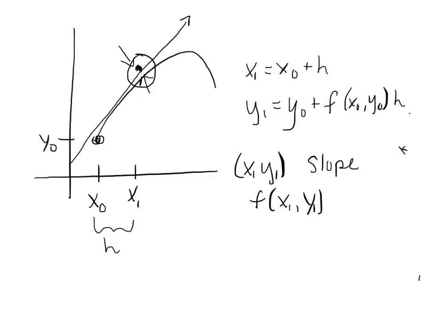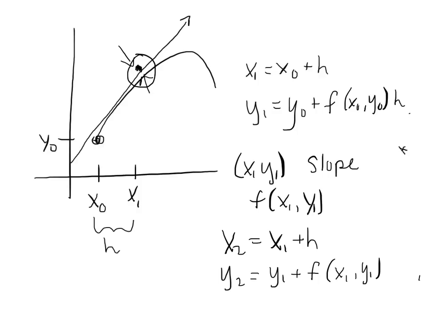We can now set x2 equal to my previous point, which we found in x1, and add h to it, and use the linearization of the solution curve through that point x1, y1 to get our y2 value. And our y2 value now is going to become the previous y value, which was y1, plus my function evaluated at x1, y1, all multiplied by that h value.